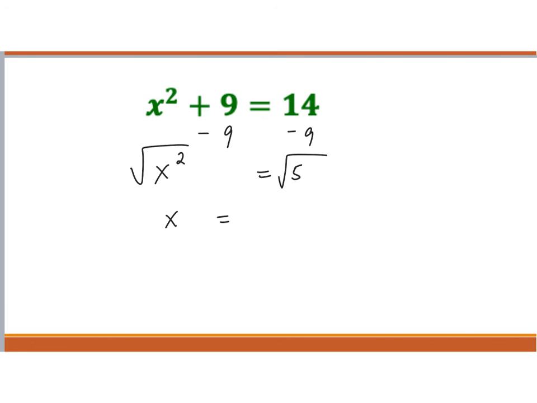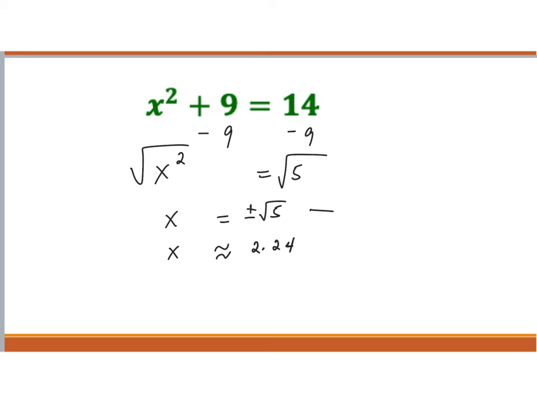So if you don't have a calculator, you can just keep your answer as plus minus root 5. But if you have a calculator, you can get the approximate value. Let's say that we get the approximate value of the square root of 5. It's about 2.24 in 2 decimal places.